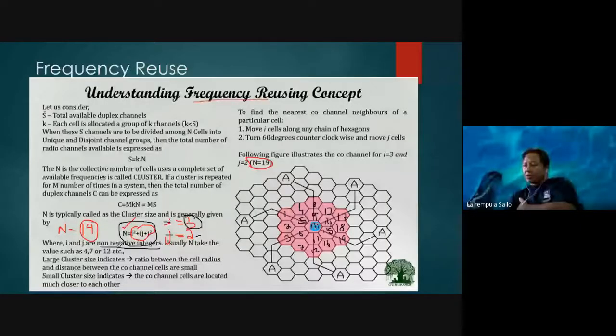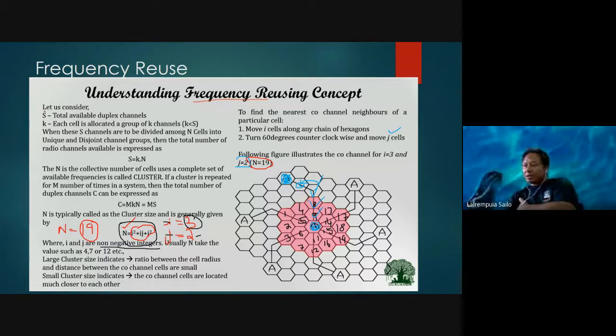Going up to 3, then turn 60 degrees and move the j value. j is 2. Okay, 1, 2. Then this is the replica of this cell.